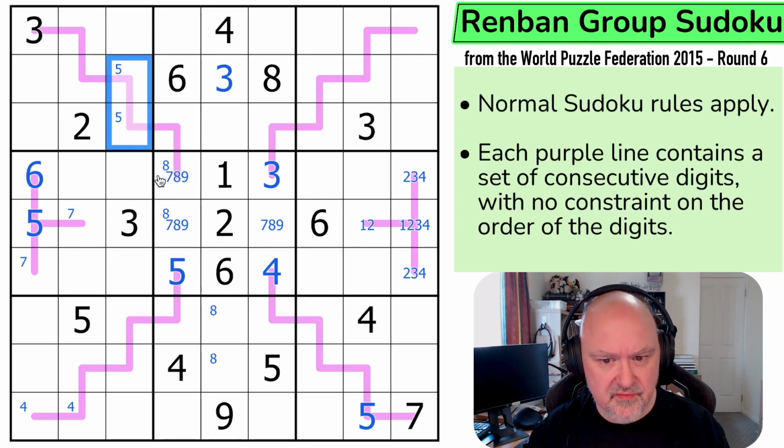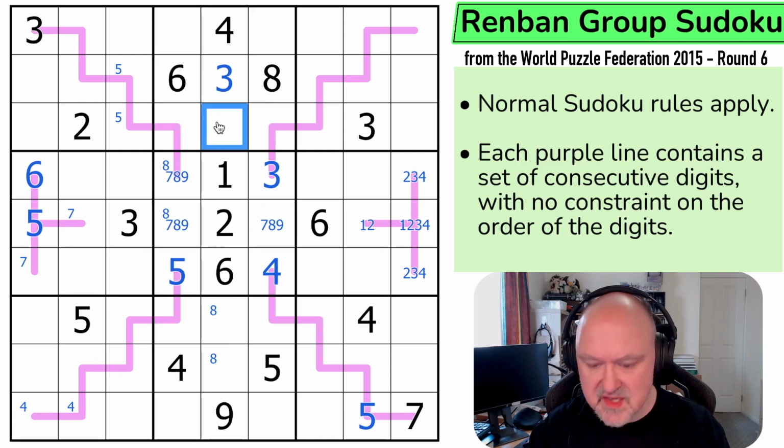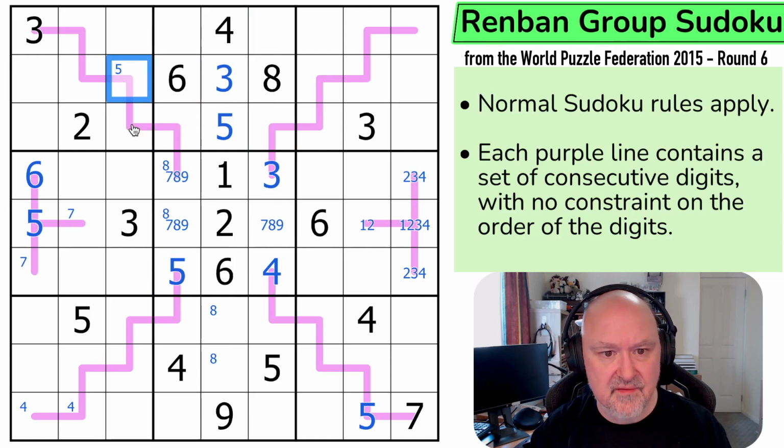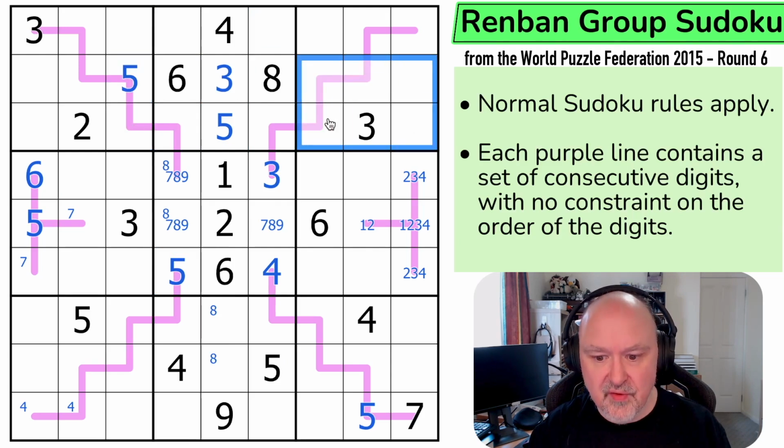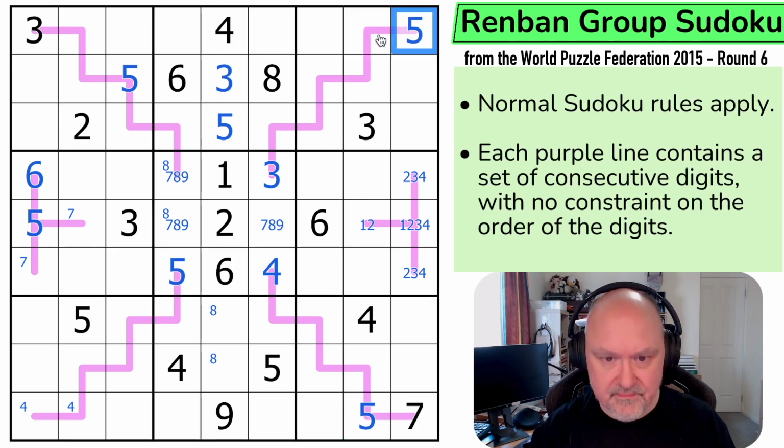So the 5 is in one of those two. 5 in this box is right there though, because 5 and 5 means I can't put 5 in any of those. So this is a 5, which means this isn't a 5, this is a 5. Now the 5 on this line has to be in one of those two, and this 5 is looking up saying not there, this is the 5.